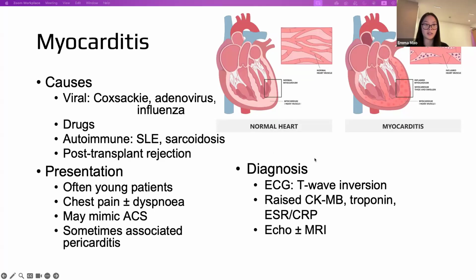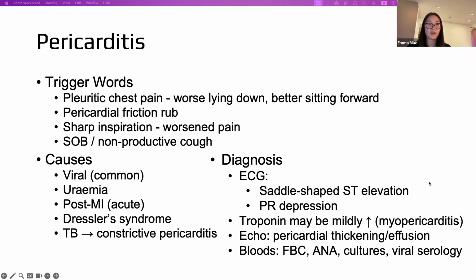Okay, so that's myocarditis. Then we have pericarditis. So here the words that you note in the question would be pleuritic chest pain that is worse lying down and better sitting forward. You can hear a pericardial friction rub, and sharp inspiration increases the pain, and then also shortness of breath and a cough.